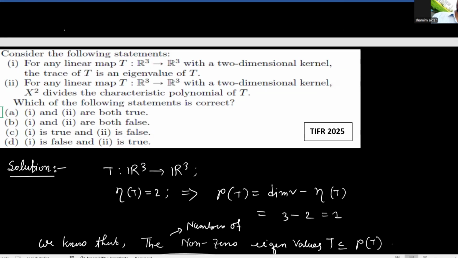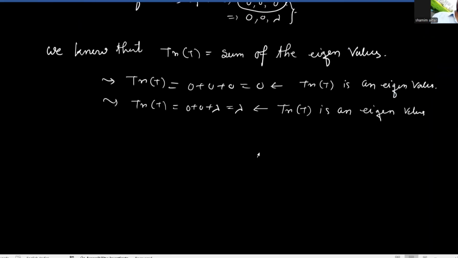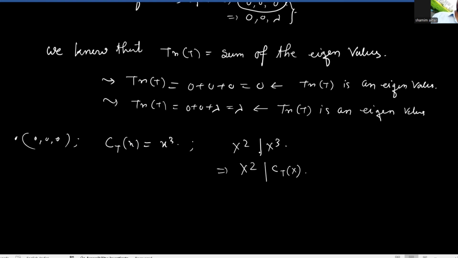Now the second statement says that for any linear transformation from R3 to R3 with a two-dimensional kernel, x squared divides the characteristic polynomial of T. So now, from the first case, where 0, 0, 0 is the eigenvalue set, the characteristic polynomial of T is equal to x cubed. So x squared divides x cubed, which implies x squared divides the characteristic polynomial of T. In the case when one eigenvalue is non-zero, that is lambda, the characteristic polynomial of T is equal to x squared times (x minus lambda).